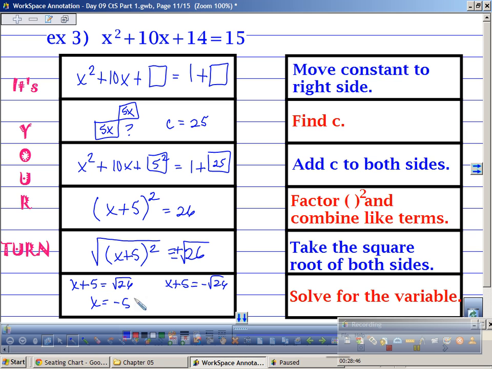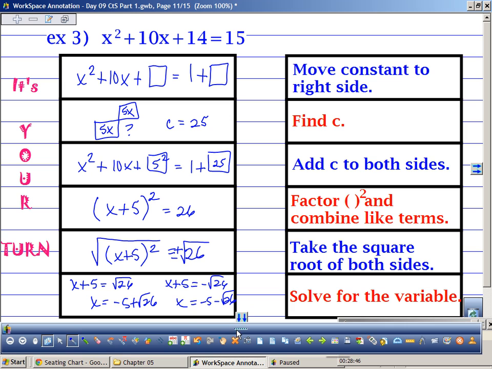So x equals negative 5 plus root 26, and x equals negative 5 minus root 26. Would you just put x equals negative 5 plus or minus? Yep. I'm just trying to go back and forth at saying these are two different solutions. I just want to make sure you guys see that. But yes, you can just put plus or minus.